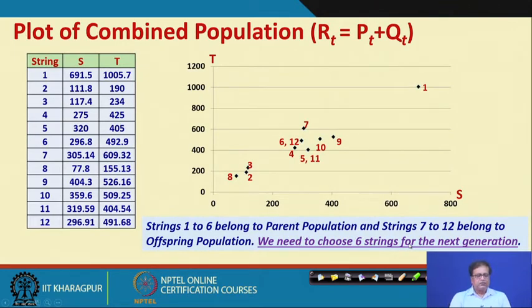Supposing we plot. These are our 12 values, these are our 12 strings, and this is our plot. If you plot, then you see that string 1 to 6 belong to the parent population and 7 to 12 belong to the offspring population. We need to choose 6 strings for the next generation. So, from the plot, can you see that 8 is best with regard to S and with regard to T? Can you see that? Which one is the minimum S? That is this one.